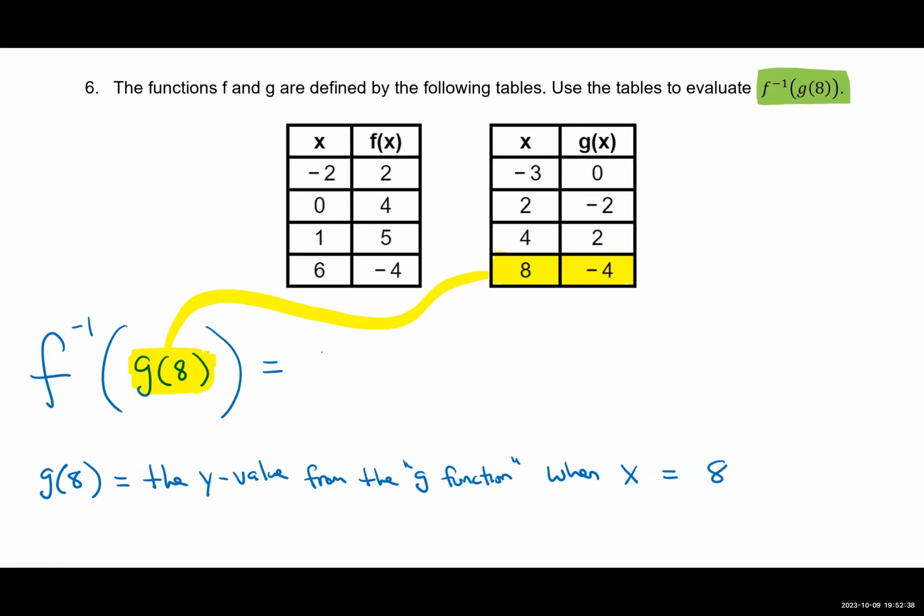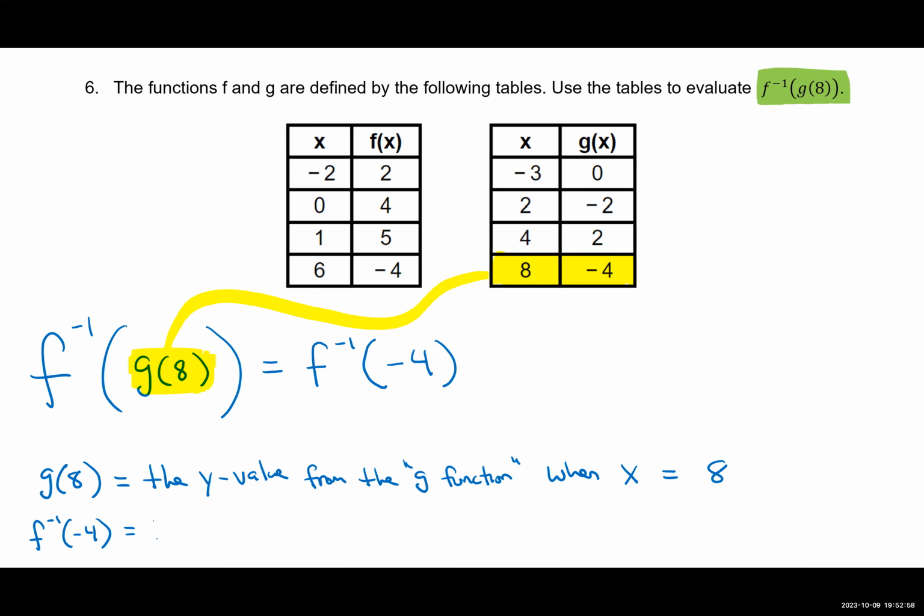Okay. So we still have the F inverse on the outside. So now we want F inverse of -4. We figured out inside the parentheses, the G of 8, that gave us -4. Now, what does F inverse of -4 mean?